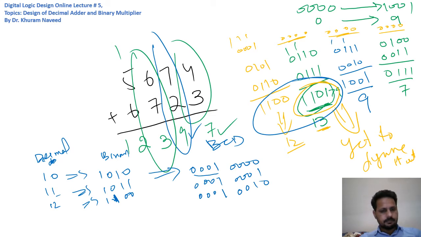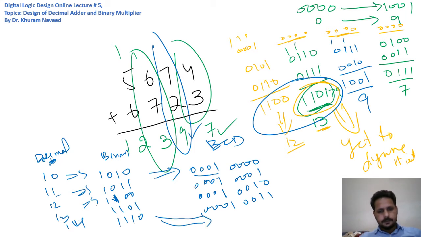And similarly in 13, in case of 14, we have 1 1 1 0 and 0 0 0 1.